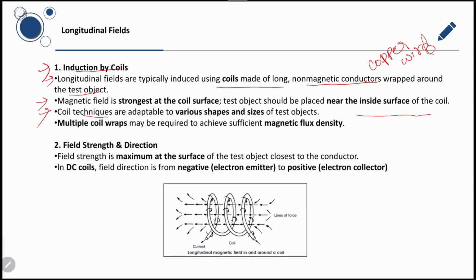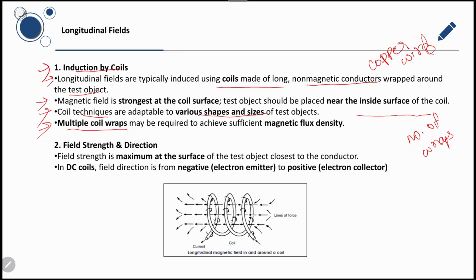The coil technique is suitable for objects of different shapes and sizes. Complex parts can also be inspected by adjusting coil position or number of wraps.